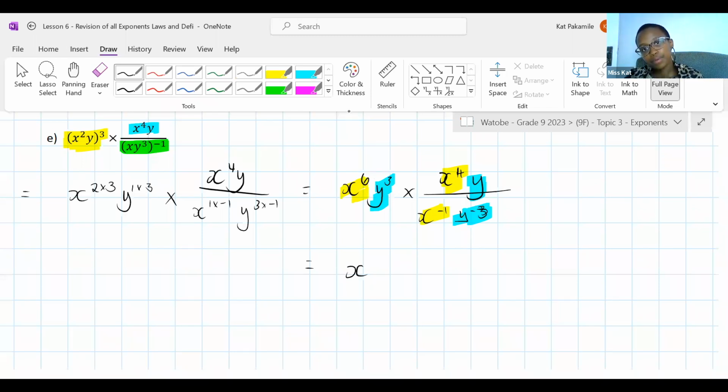You add them. So you're going to say 6, that was already there, plus 4 because of the multiplication. What does this line over here mean? Division. And when we divide, what do we do to the exponents? You subtract.